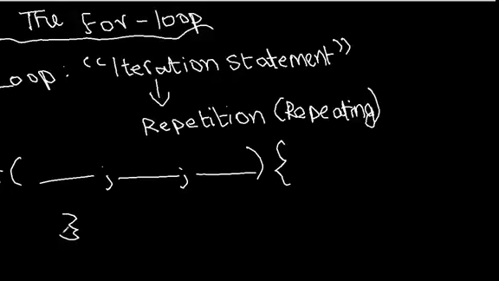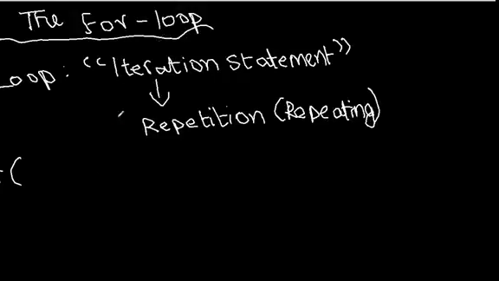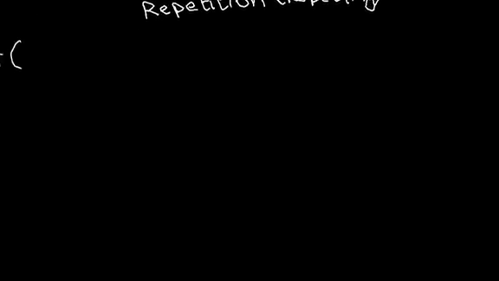This is basically what a for loop is. Three things in that for loop, and you have to fill them up. You can leave some of them blank also, but I won't get into that right now. It's an introductory video.